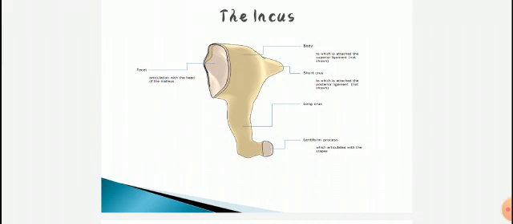There is a small short crus, which is also attached with the posterior ligament, and a long crus. It is curved downwards and makes the lenticular process, which articulates with the stapes head.